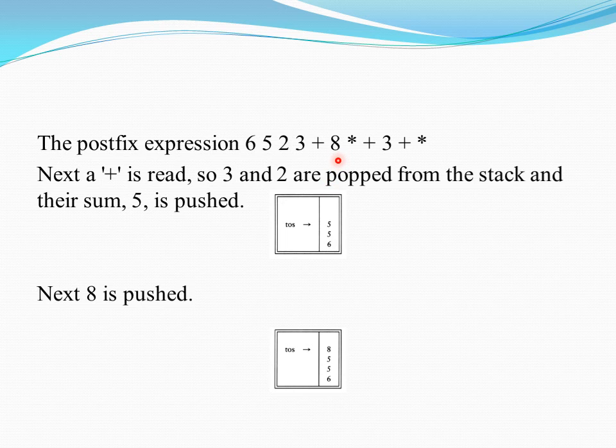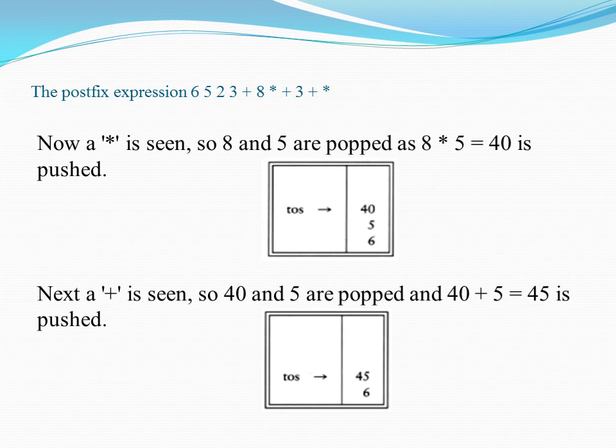It's an operand, so we have to push. Next read is star. Star is an operator, so we have to pop two values. The popped values are 8 and 5. So apply this operator. 8 times 5 equals 40. 40 is pushed into the stack.